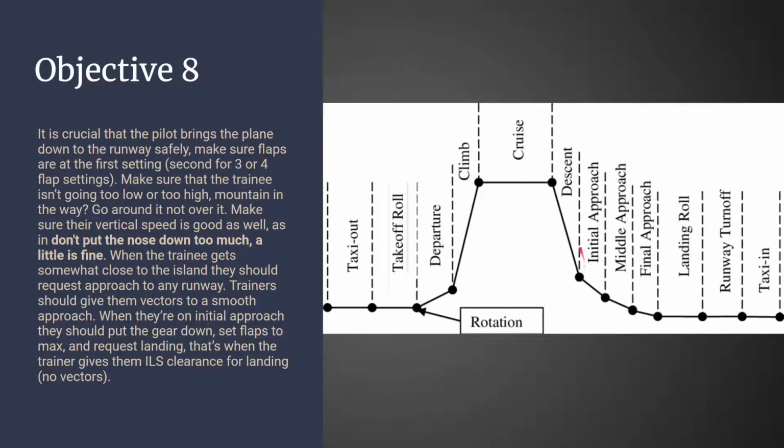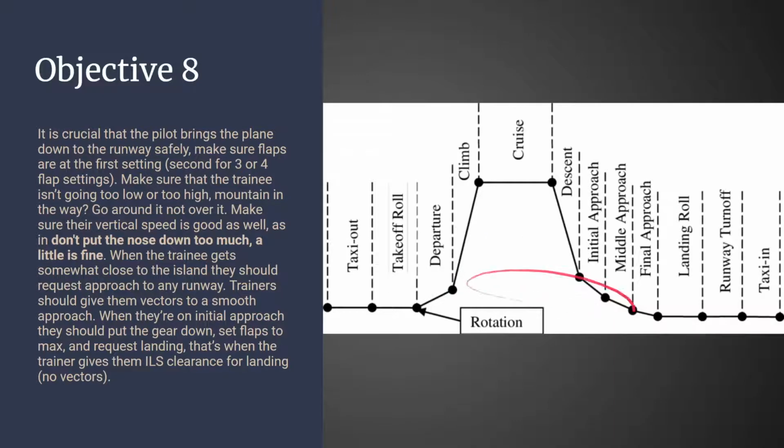Now for Perth, we have initial approach. At Lufthansa, we define initial approach when they go over Giant Lukla Mountain. I think it is, in Perth, and that's when they enter initial approach. That's when they should set their flaps to max and bring their gear down.